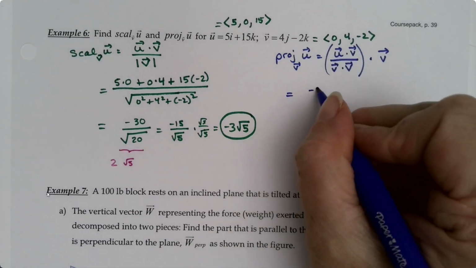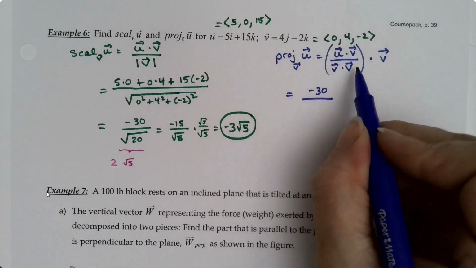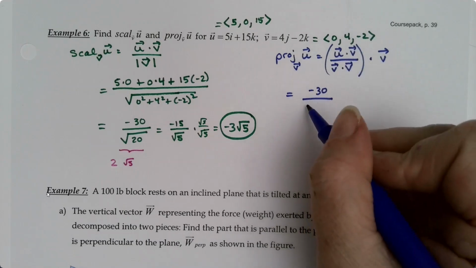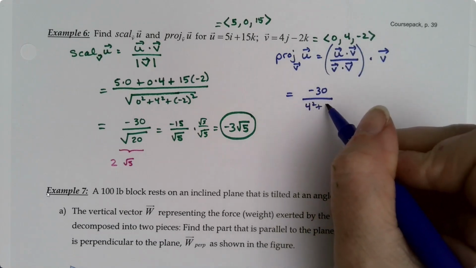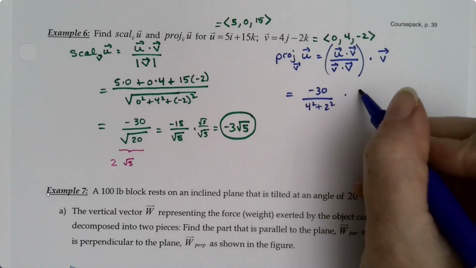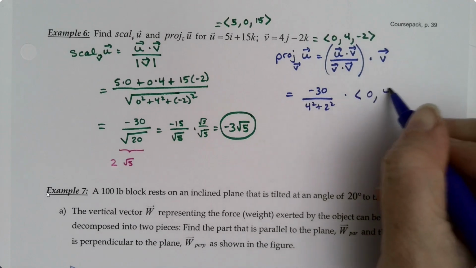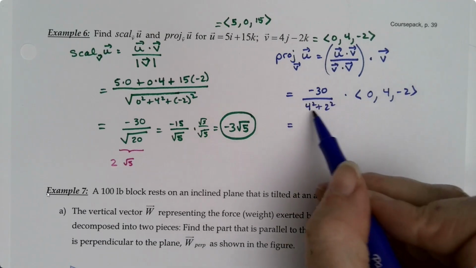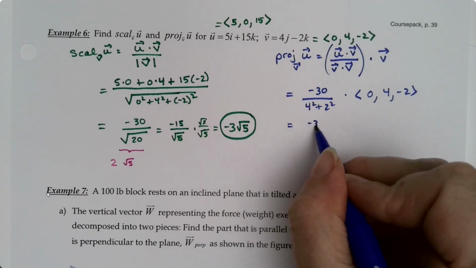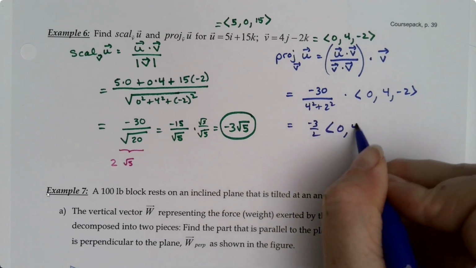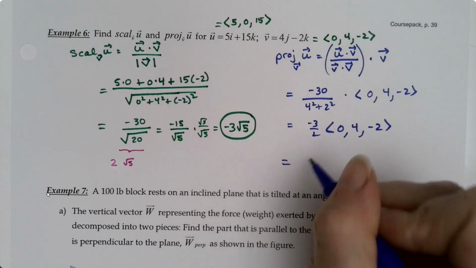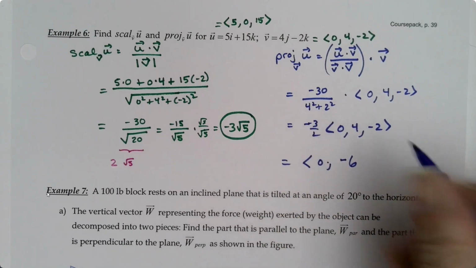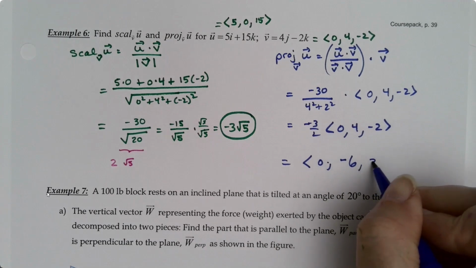It's negative 30, in fact. v dot v would be 0 squared plus 4 squared plus 2 squared. And we're going to multiply it by v, which is 0, 4, negative 2. So this is negative 30, and that's 20. So this is negative 3 halves times 0, 4, negative 2, which would make 0, negative 6, right, because you're multiplying by a negative, and then positive 3.